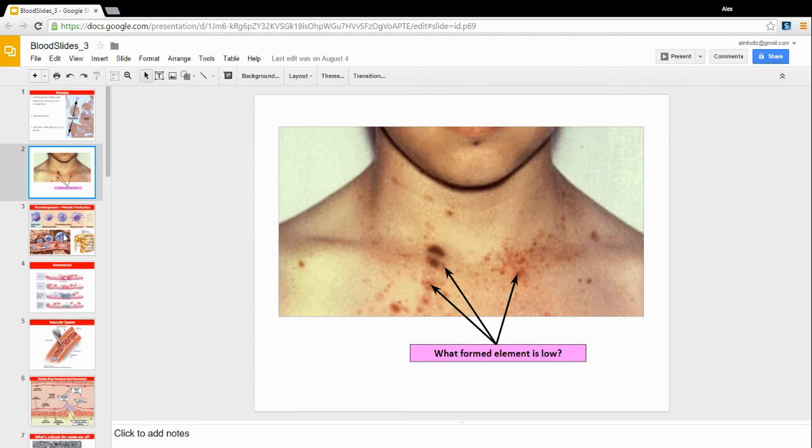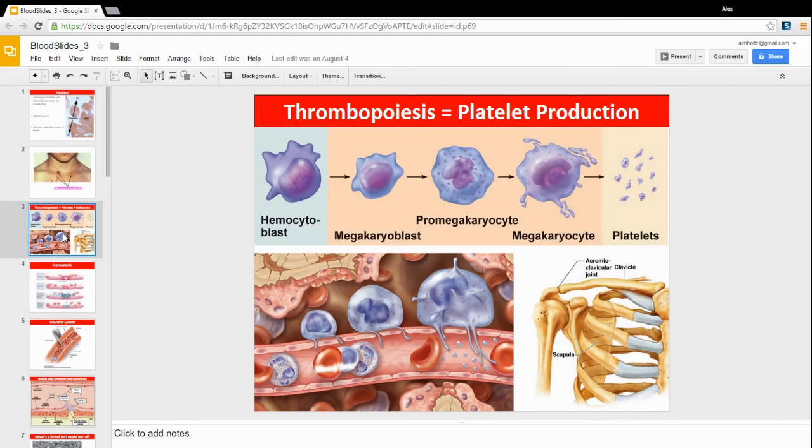Okay, making platelets. Platelet production is called thrombopoiesis. This name is kind of a misnomer when you look at what it literally means, because we already met poiesis. We talked about hemopoiesis, which is blood cell making, erythropoiesis, and leukopoiesis. Now we got thrombopoiesis, which, by the way, is part of hemopoiesis.